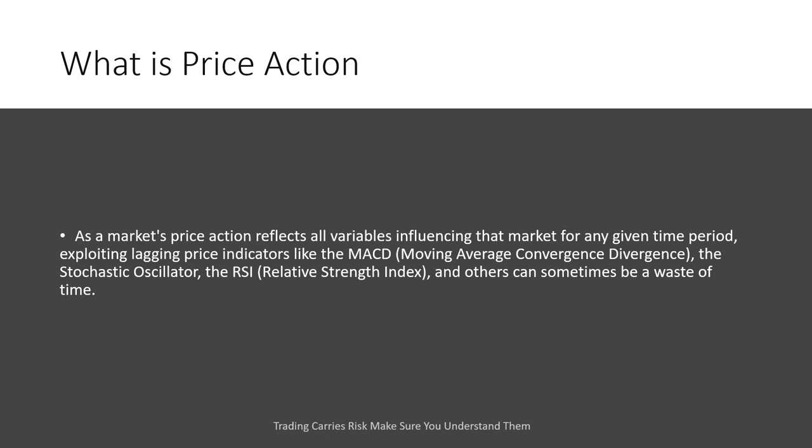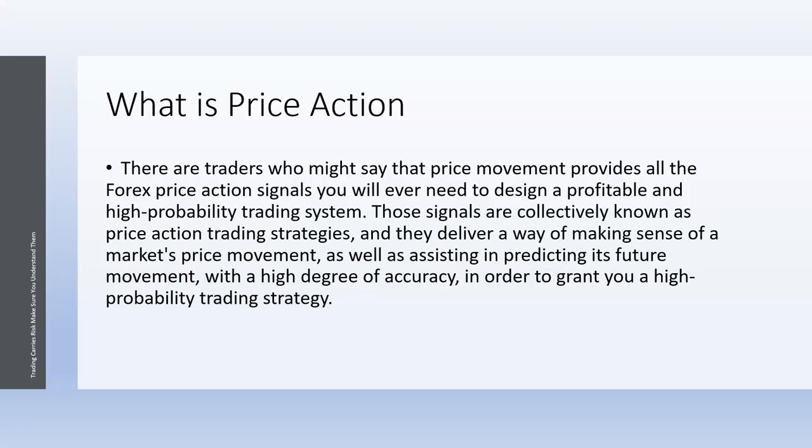As market price action reflects all variables influencing the market for any given time period, relying on lagging indicators like MACD or the stochastics or RSI and others can sometimes be a waste of time. There are traders who might say that price movement provides all the price action signals you will ever need to design a profitable and highly probable trading system.